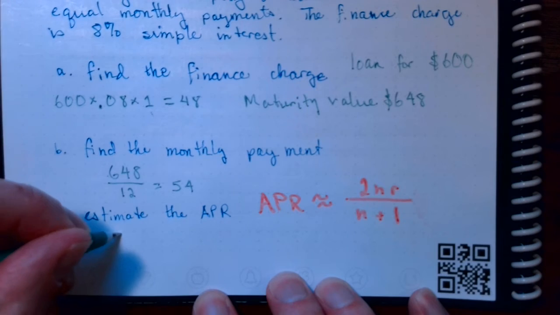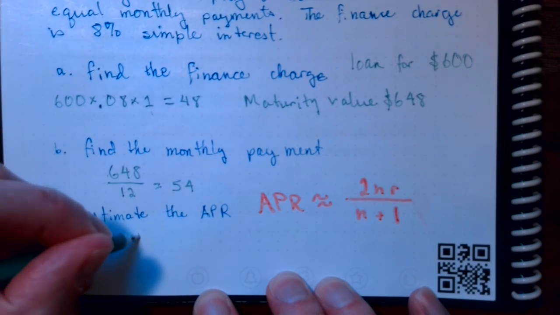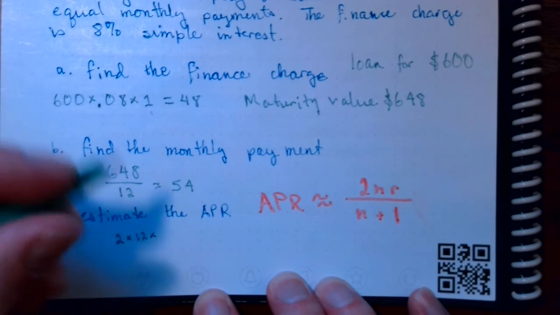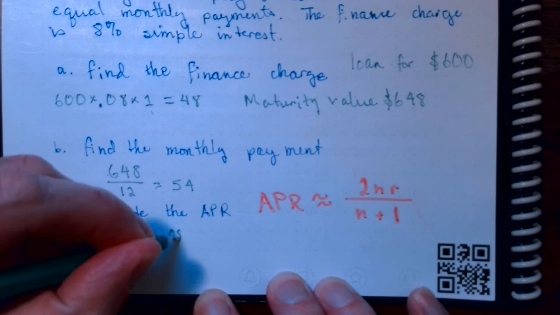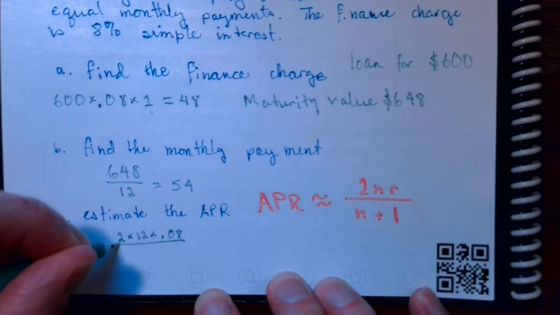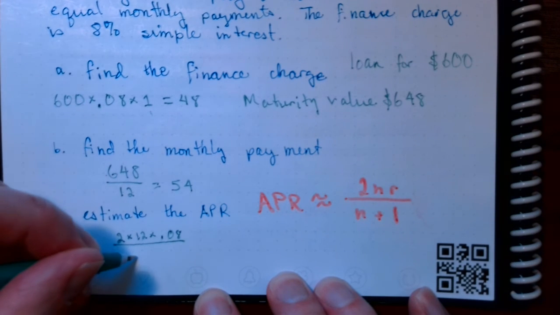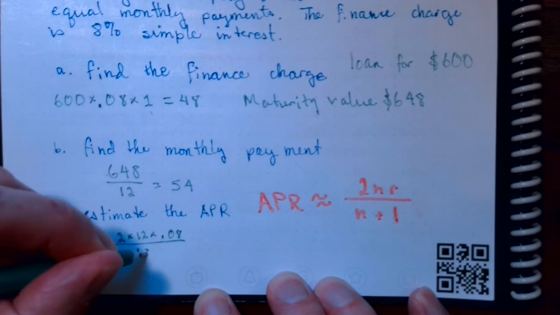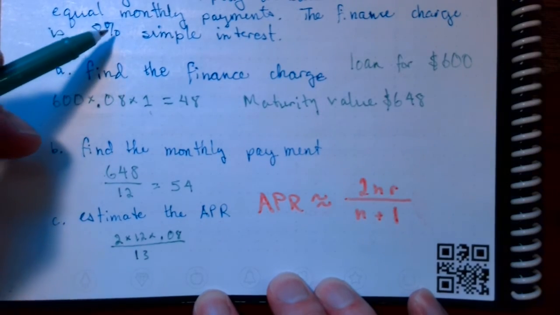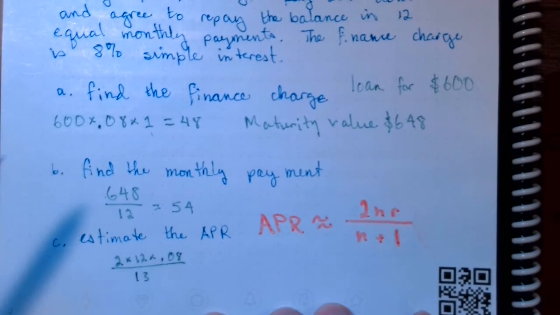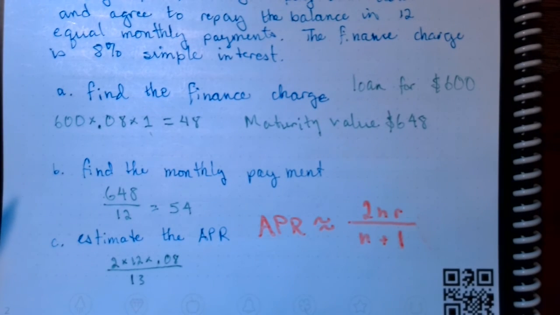So we had 12 monthly payments, so 2 times 12 times r. Remember, we're always going to convert that percent notation to a decimal when we do a computation, so 8% we have to use 0.08. n plus 1, that's 13. Remember, there were 12 monthly payments, so that's the number of payments. We just do this little calculation here. 2 times 12 times 0.08 equals, divide by 13 equals.